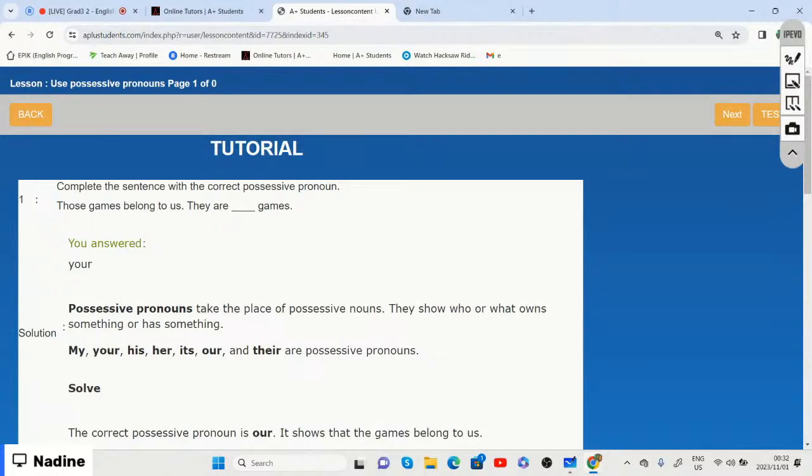And they show who or what owns something or has something.